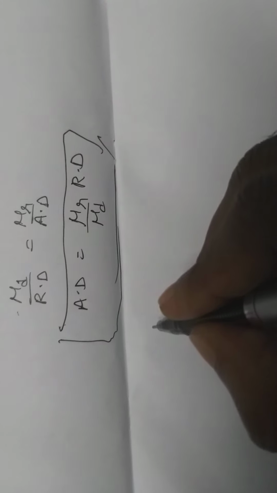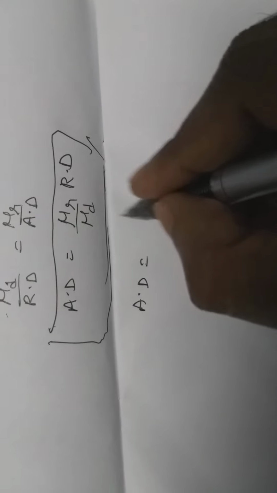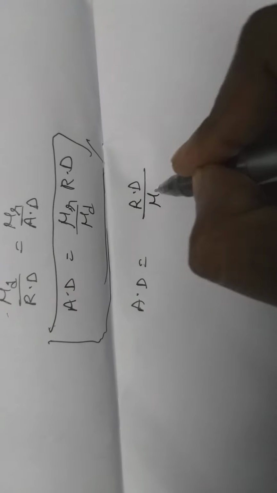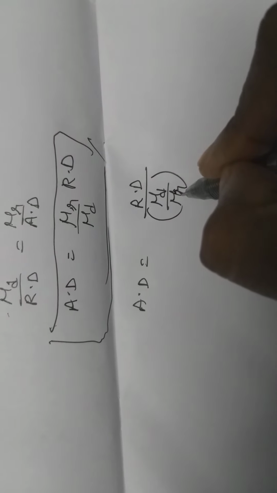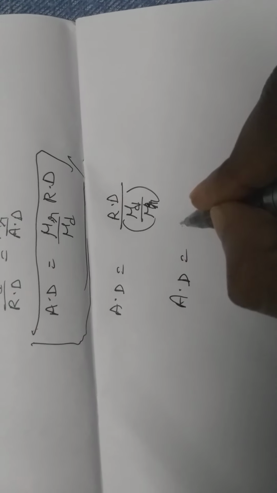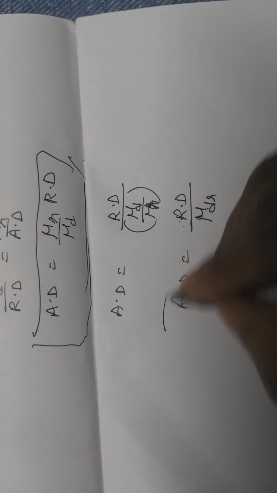Or similarly we can write apparent depth is equal to real depth by mu d by mu r, that is real depth by mu dr. So this is the relative refractive index of denser medium with respect to rarer medium.